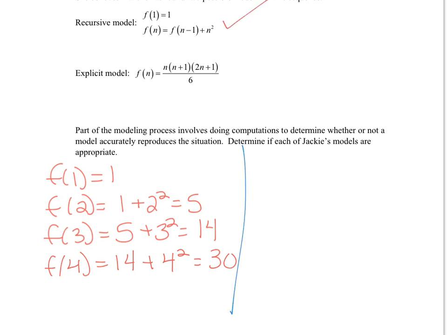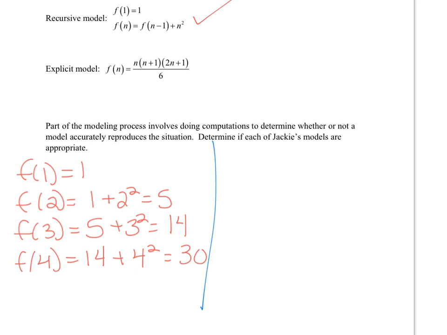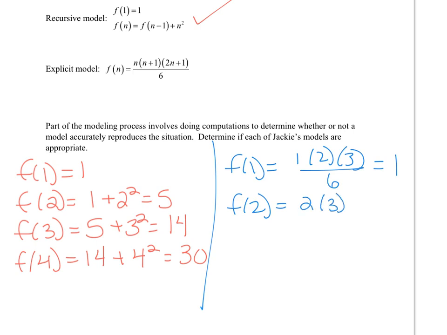Now let's check the explicit. So when you plug in 1, we get 1. When we plug in 2, we get 5.